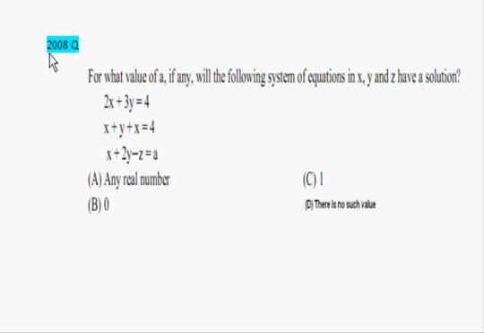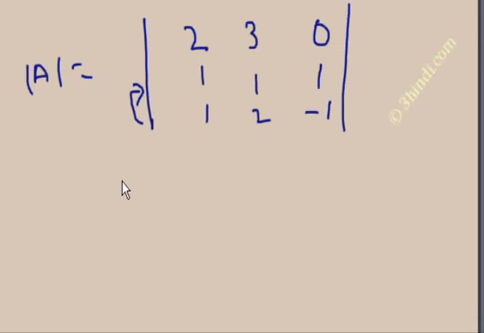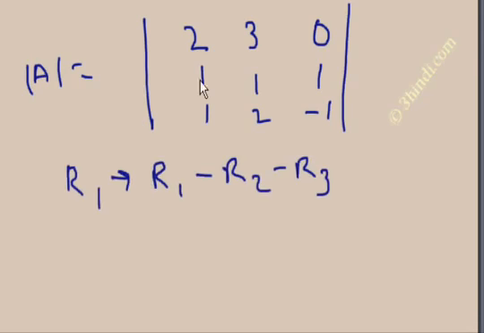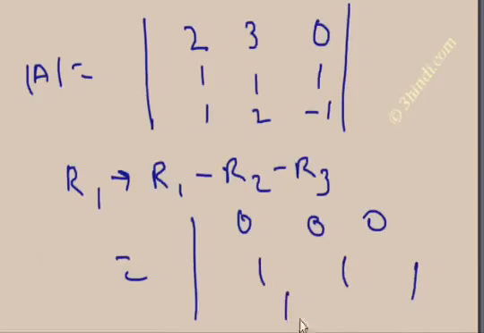This is another 2008 question. For what value of A, if any, does the following system XYZ have a solution? You are required to find the values of A. First, the rule is that you have to find out the rank of the two matrices A and K. Here is the determinant value of A. Performing R1 minus R2 minus R3, I will get 0 0 0, 1 1 1, 1 2 minus 1.